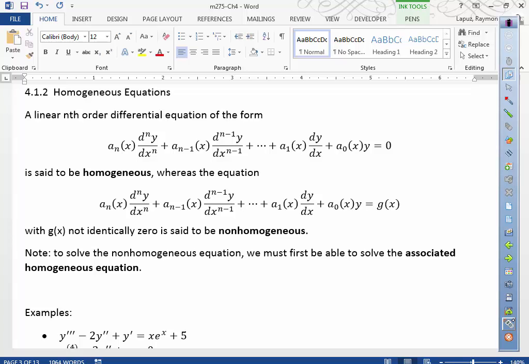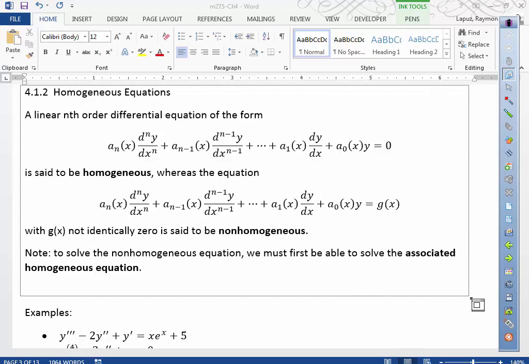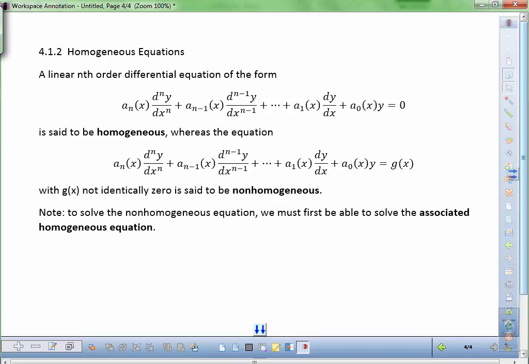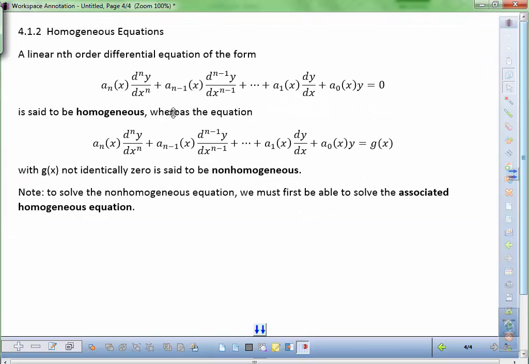So you just have to work that out, that when you're talking about a homogeneous first order differential equation, then you're dealing with homogeneous functions. When we're dealing with higher order differential equations and you see the word homogeneous, then this is what you should be looking at. So no, not necessarily. Yeah. But in this case, we're going to focus on linear differential equations.